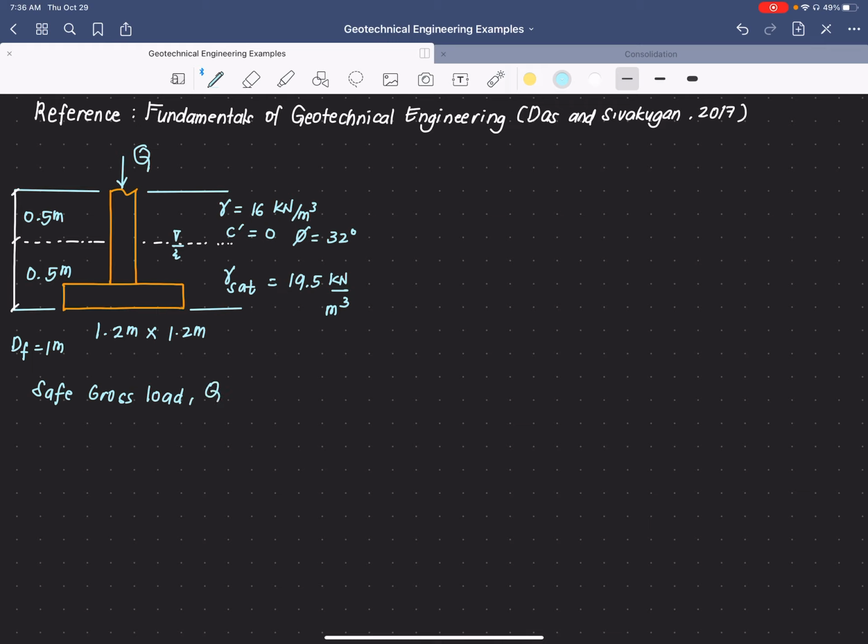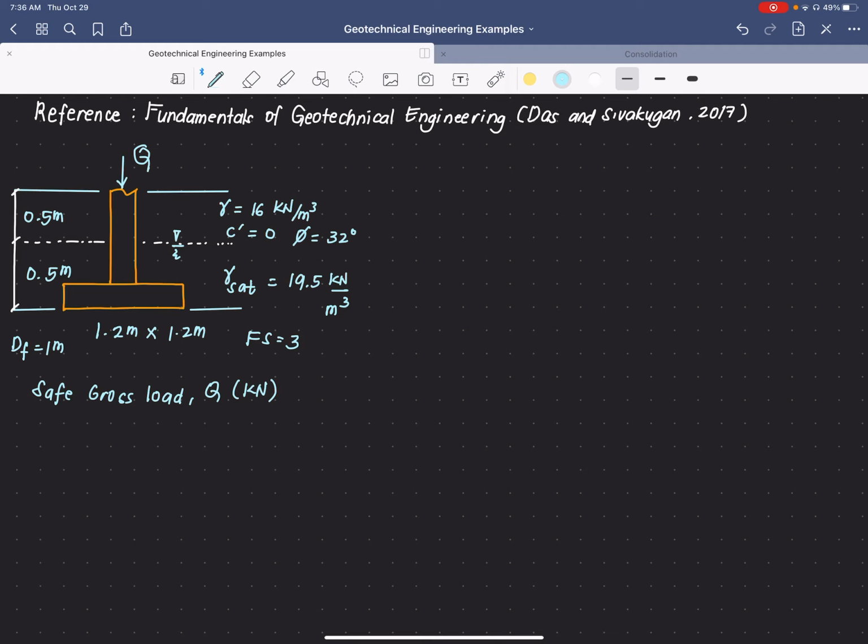So this could be in kilonewton or in newton. So let's have it in kilonewton. A given factor of safety, which is equal to 3, is still the typical factor of safety for a foundation. So what is the gross load that the foundation can carry?